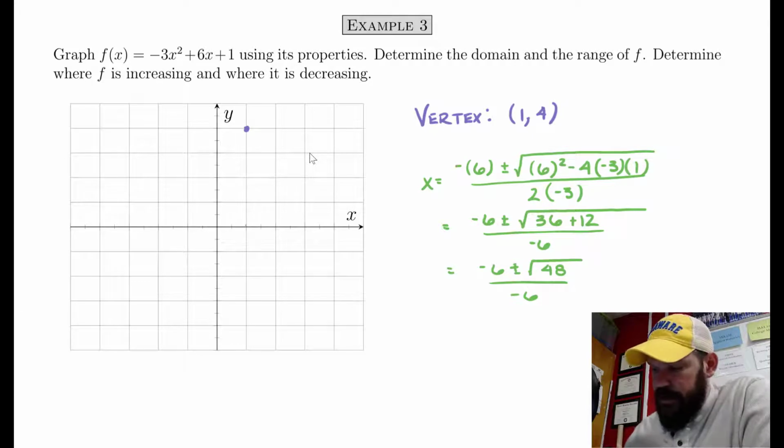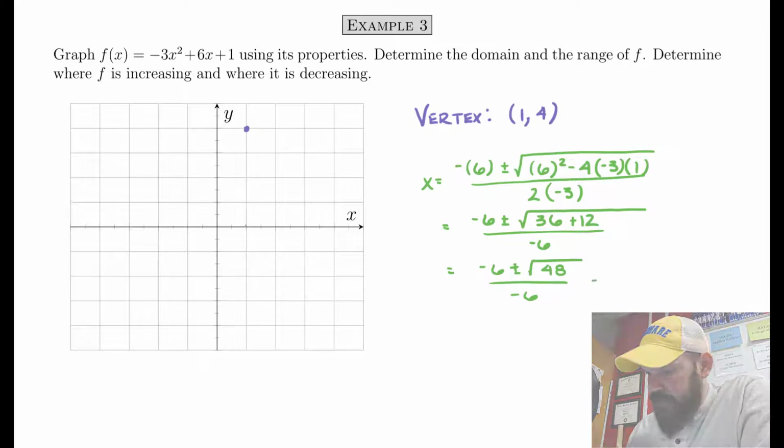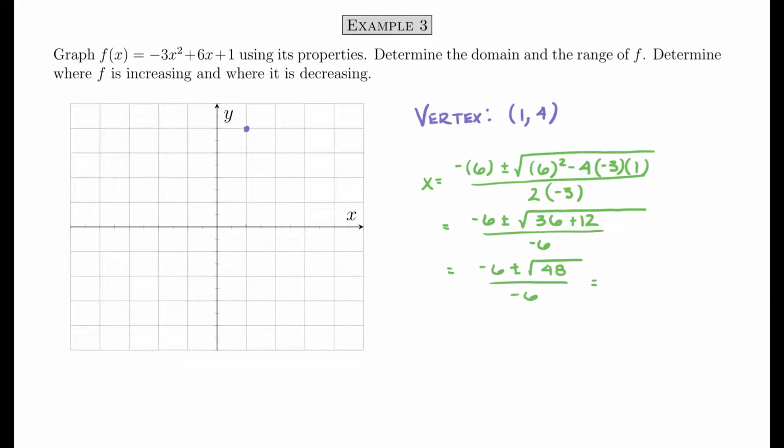Got to simplify the square root of 48, which can be written as 16 times 3. So we have negative 6 plus or minus the square root of 16 times 3 over negative 6, which will give us negative 6 plus or minus 4 radical 3 over negative 6.